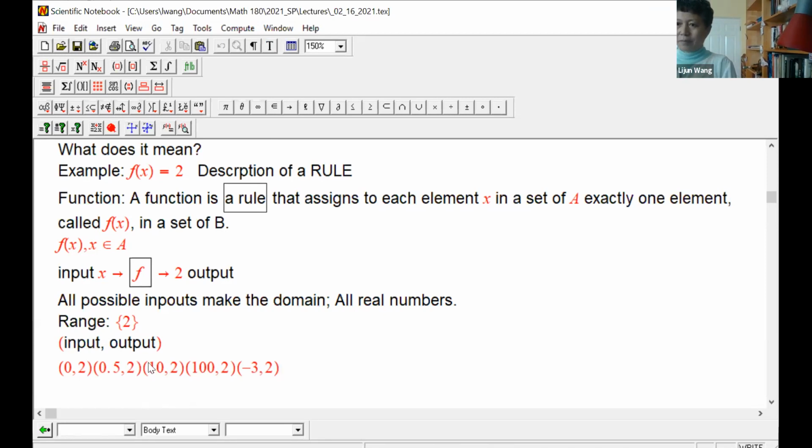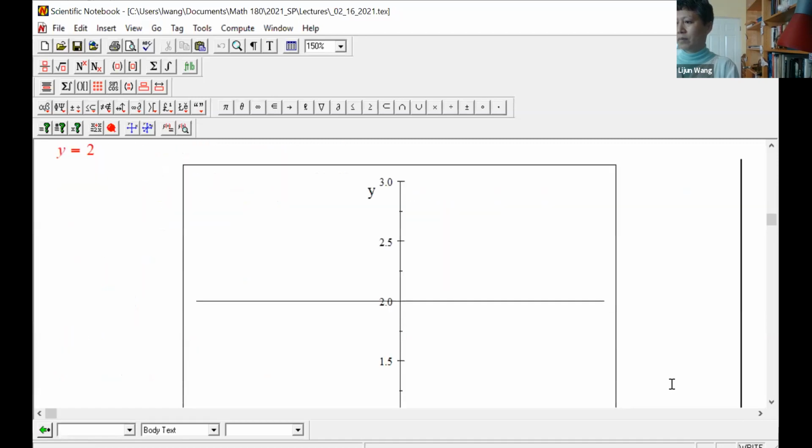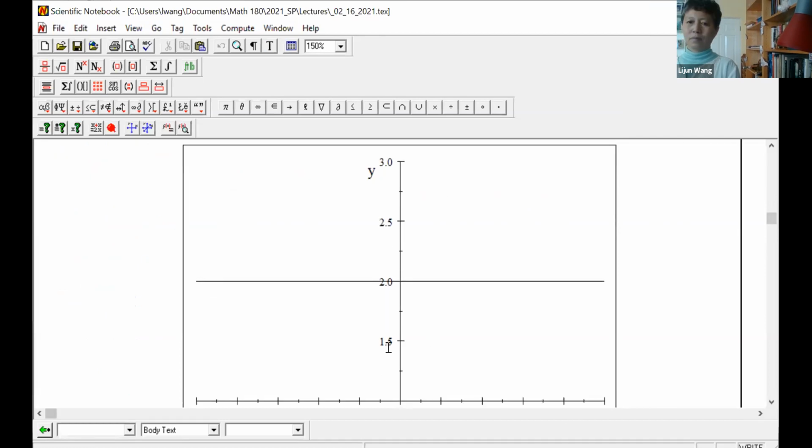So what do we see? So this function, if you graphed it, it's a horizontal line.